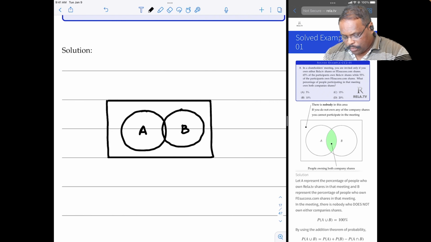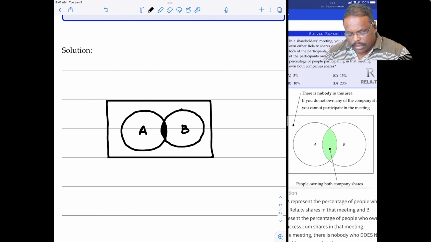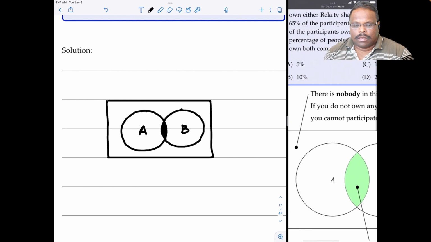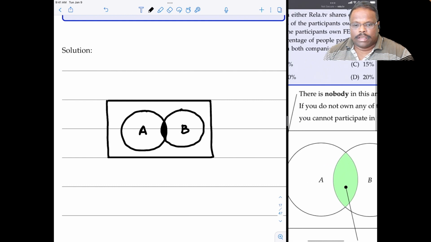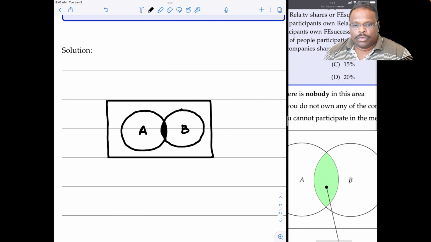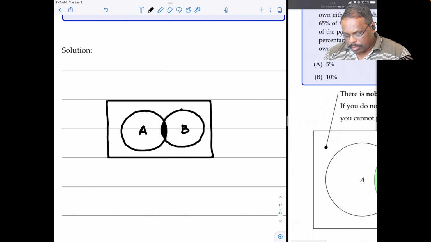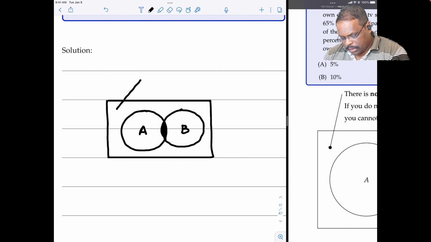We actually have a certain percentage of overlapping area, and that's what we are interested in. I have shown here the diagram. It says there is nobody in this area. If you do not own any of the company shares, you cannot participate in that meeting. So this is something interesting.